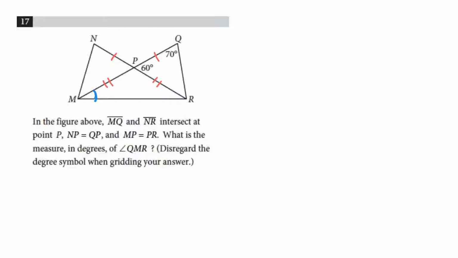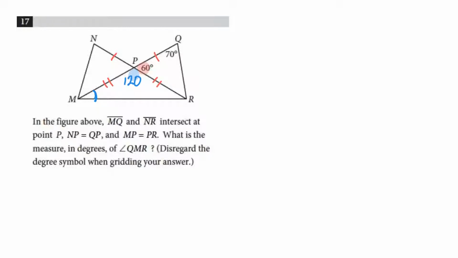Sounds good. All right, so what we have here, we know that this angle and this angle are going to be supplementary. So this angle in blue must be 180 minus 60, which is 120.